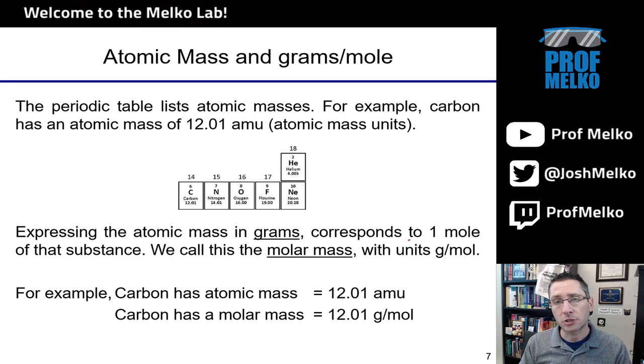That is cleverly chosen to correspond to 1 mole of that substance. So although the periodic table lists these values, like for oxygen it's 16, which we could write as 16.00 AMU, in a more useful sense that's been chosen to represent 16.00 grams of oxygen atoms, and 1 mole of oxygen atoms.